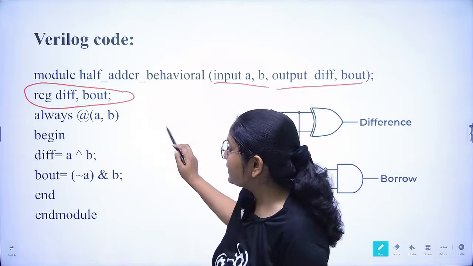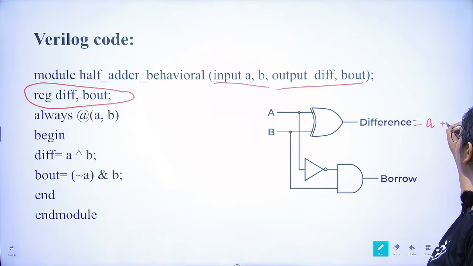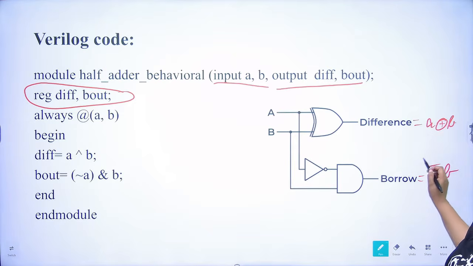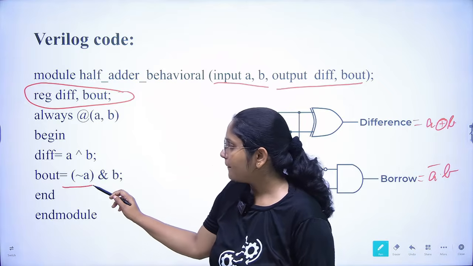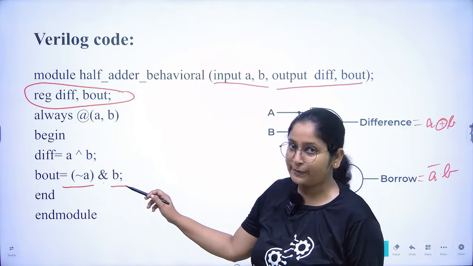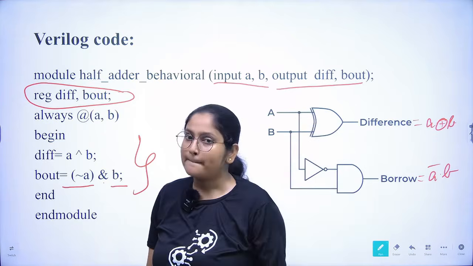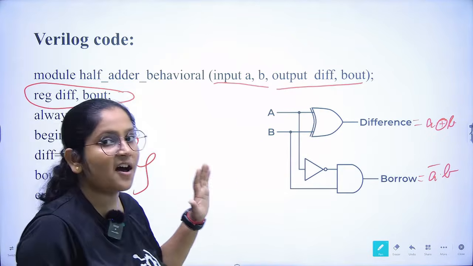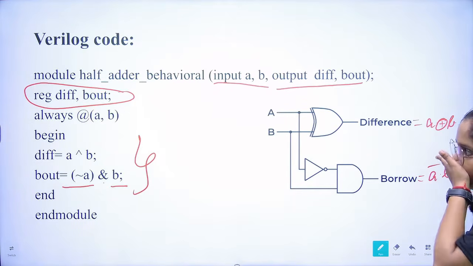Now again the same thing. We know we have the expression for difference as A XOR B and this as A complement B, meaning A itself is getting complemented. So how will we write this? This is the complement of A and B, right? So this way we can produce the difference and borrow expressions, and this way we can make a half subtractor with the help of behavioral modeling.